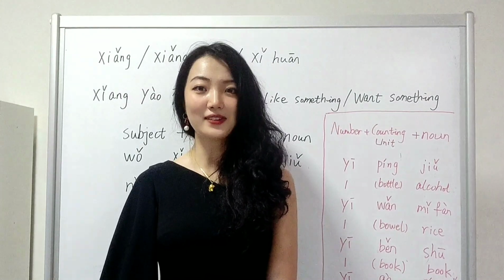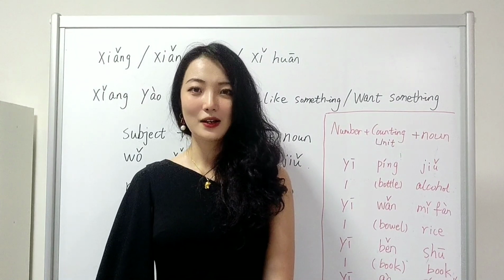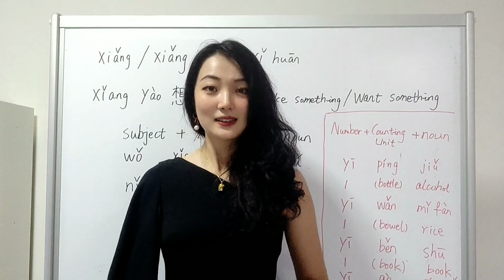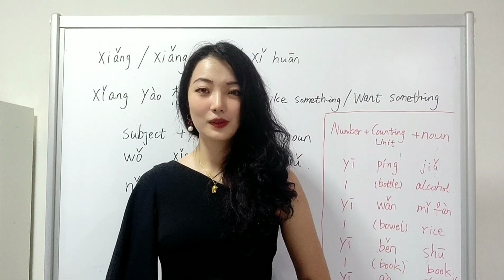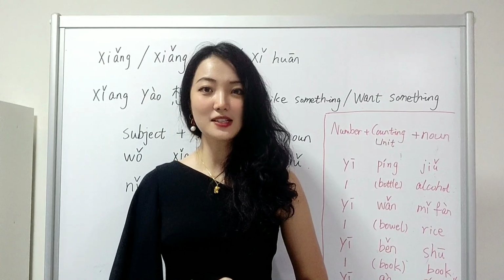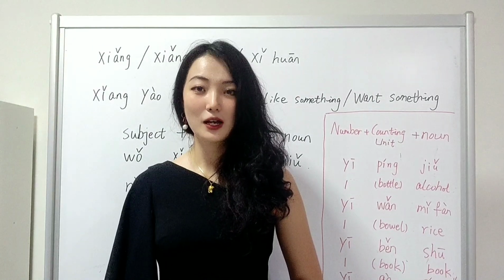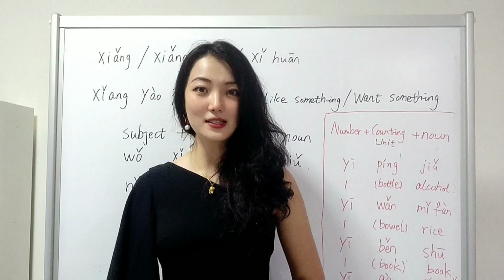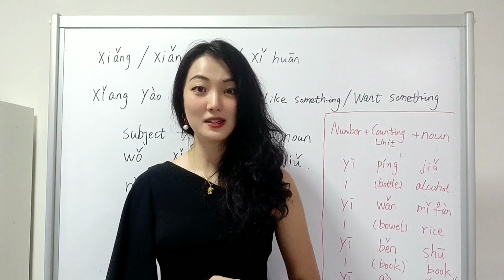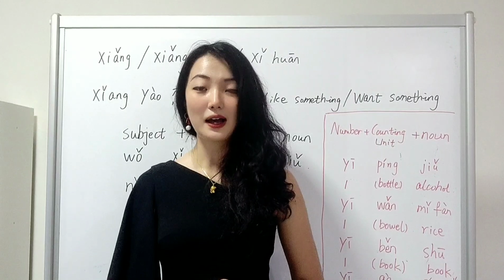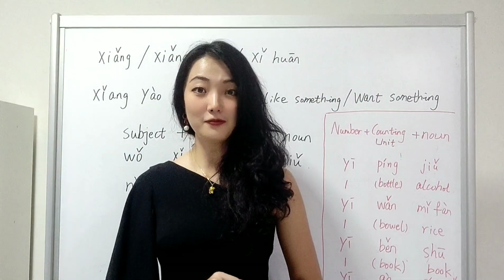I would like to have an apple. One more. 你想要什么？我想要一瓶酒。It means, what would you like? I would like a bottle of alcohol.